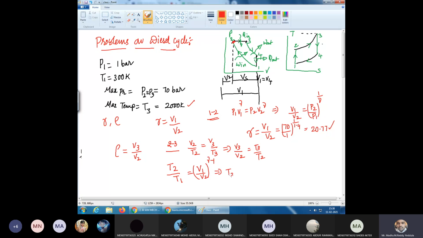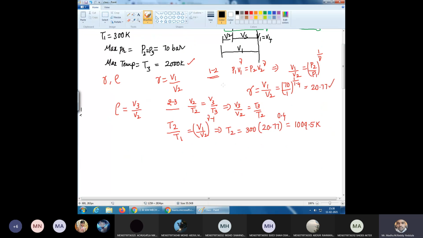Therefore, T2 is equal to T1, 300, into V1 by V2, we have 20.77, whole power 1.4 minus 1, which is 0.4. Therefore, T2 value you will get as 1009.5 Kelvin. Once you know T2, you already have T3. Therefore, cutoff ratio we can write as V3 by V2. Therefore, rho is equal to V3 by V2. It is also written as T3 by T2.